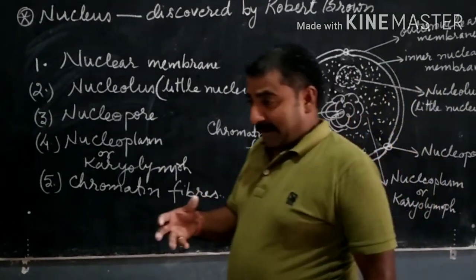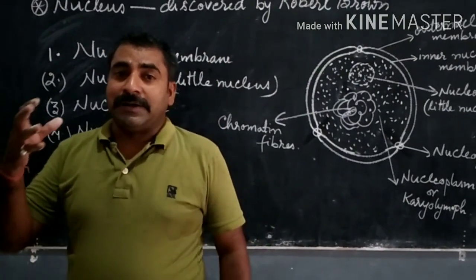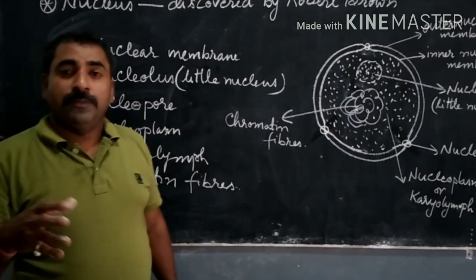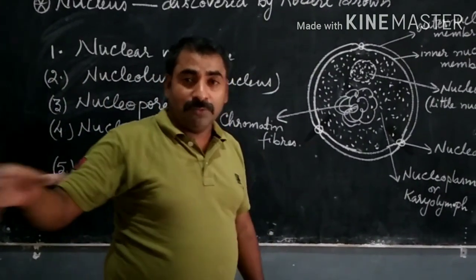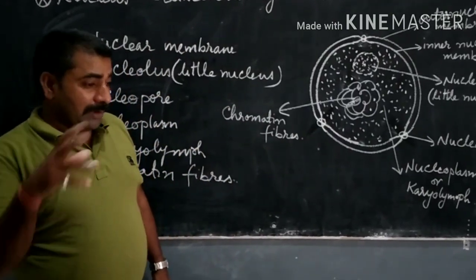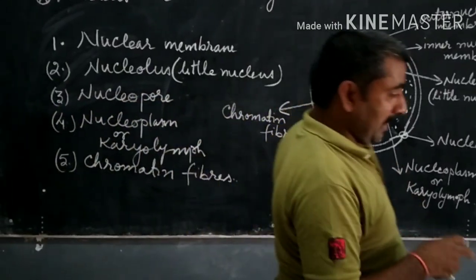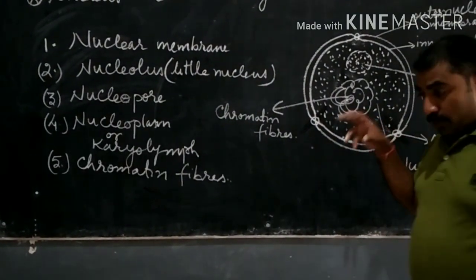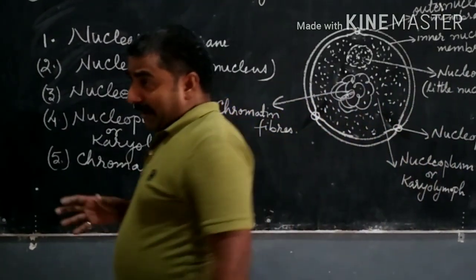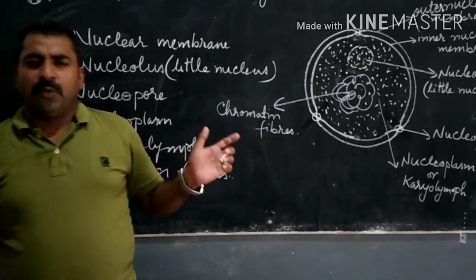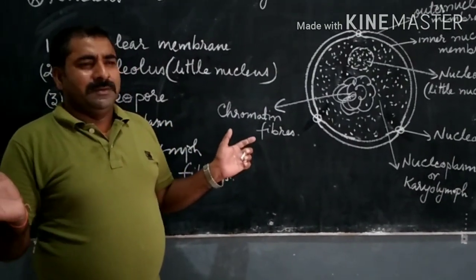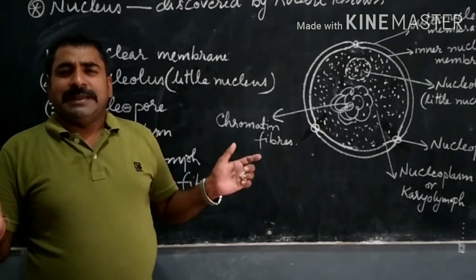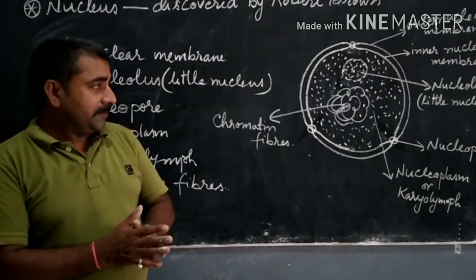You have studied that full form of RNA is ribose nucleic acid and full form of DNA is deoxyribose nucleic acid. So ribose sugar is synthesized by nucleolus, and ribose sugar plays a vital role in synthesis of different types of biomolecules.